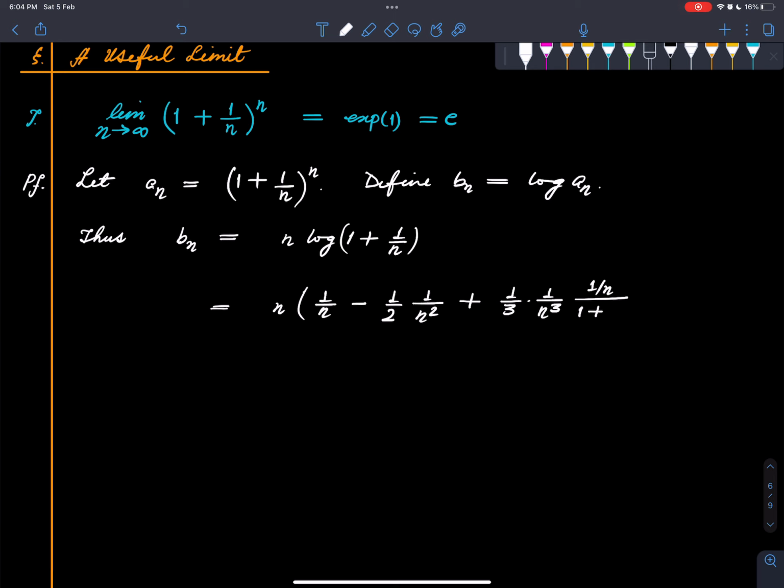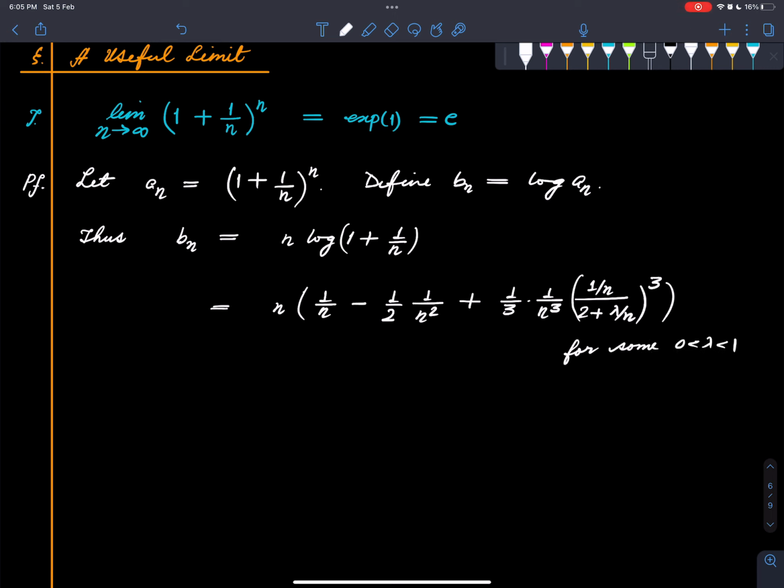So this will be the derivative of log at something between, yeah, so this will be something like 2 plus lambda by n, where lambda is strictly between 0 and 1.